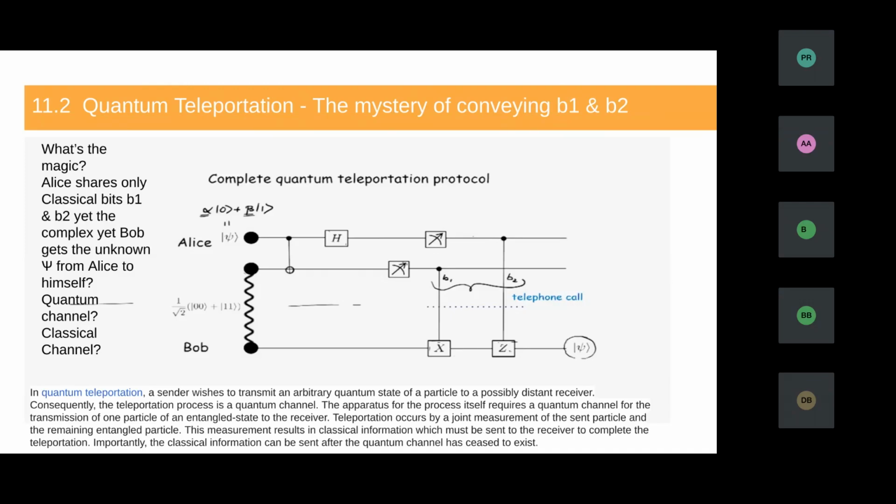And so this is a transmission of arbitrary states, because we are not saying what alpha and beta are. We are just saying this is alpha ket 0 plus beta ket 1, which is an arbitrary state. We have not said what the values of alpha and beta are, irrespective of that, because it's a probability, it's a density matrix.